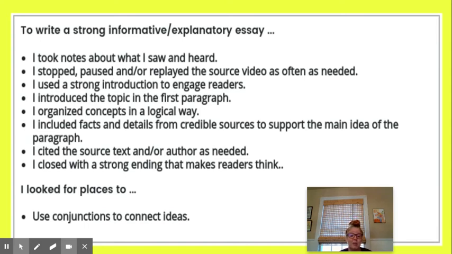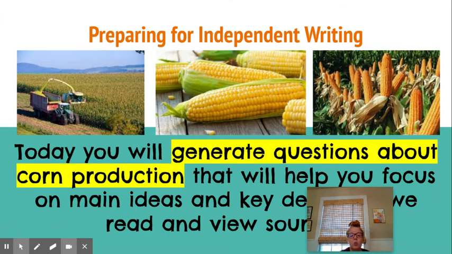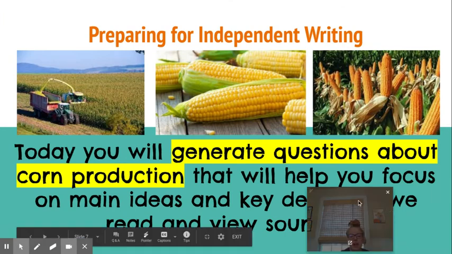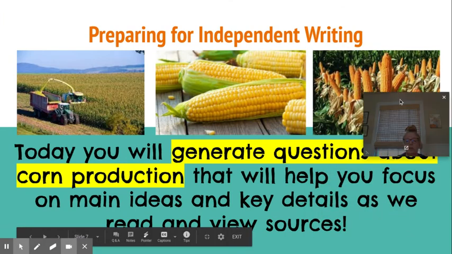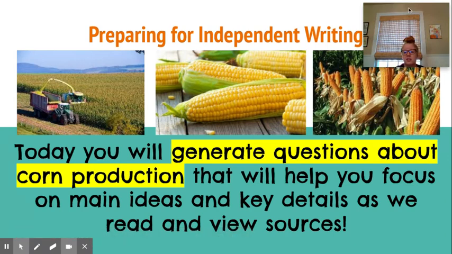Remember, we were talking about conjunctions. So what you're going to be doing today, because we're just at the beginning stages of this, is generate questions, and that just means you're going to think of some questions about corn production, questions that you personally have about corn production in the United States.